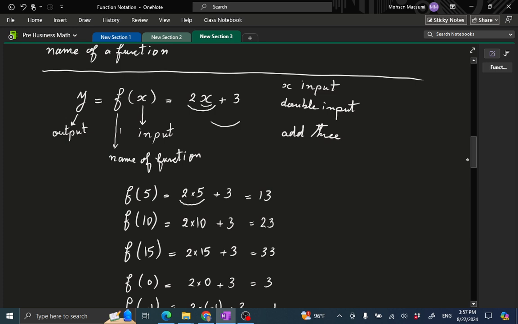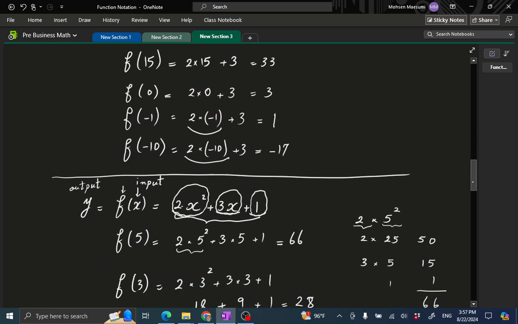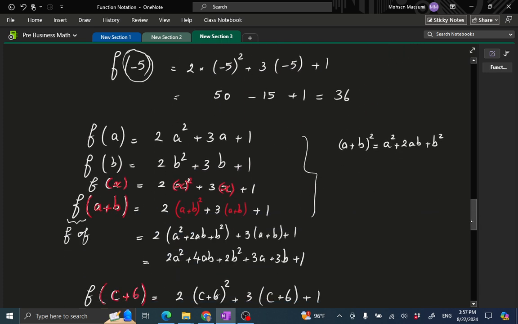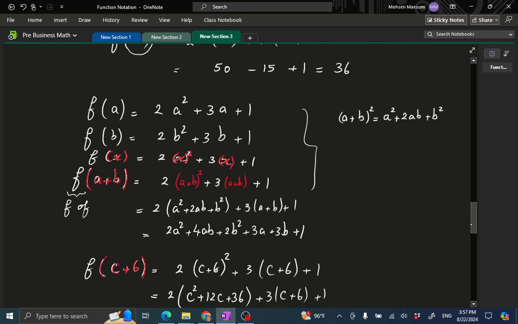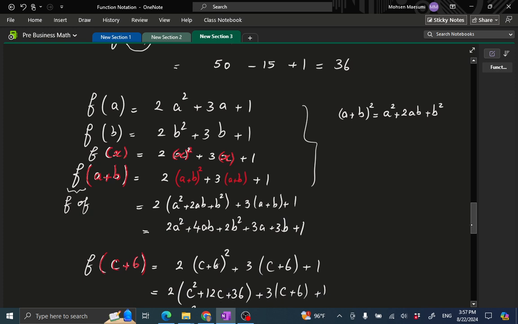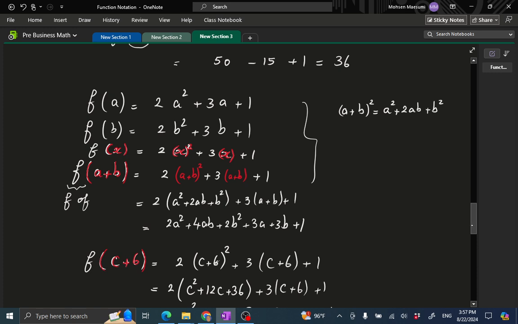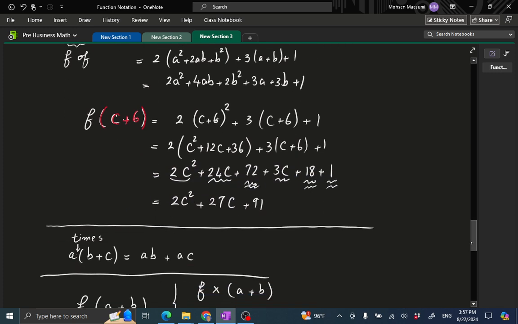F is the name of a recipe, x is the input, and the recipe is given by some formula for us which tells us how to play with the input. We said when the input gets complicated, it's best to wrap it in parentheses and carry it with you like that during the substitution to avoid some common mistakes.